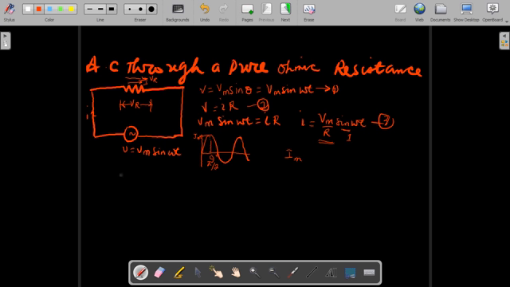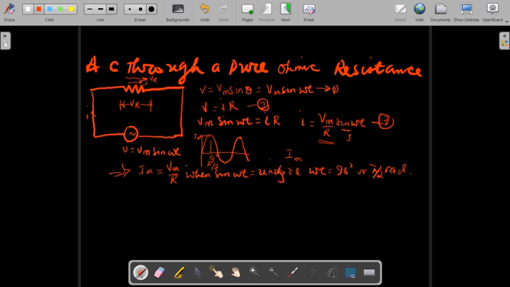So this implies that Im, the maximum current, is going to be equal to Vm over R when sin ωt is equal to unity, i.e., just like I said, when ωt is equal to 90 degrees or pi over 2 radians.